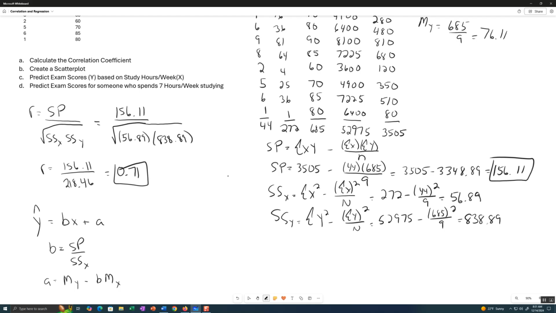So let's do the slope first. Slope is SP, which is 156.11, over sum of squares X, which is 56.89.